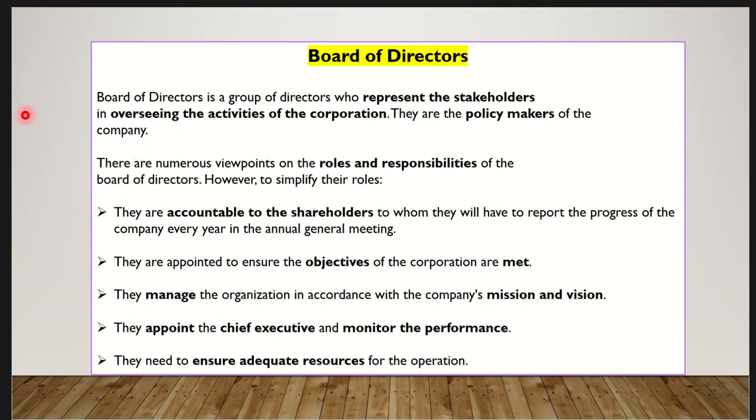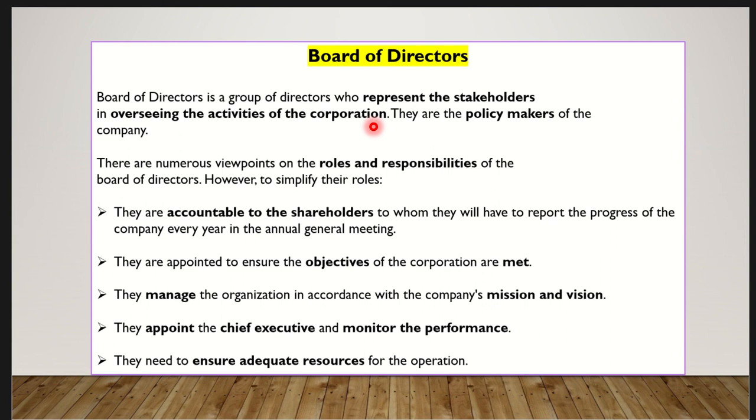This is what is meant by board of directors: a group of directors who represent the stakeholders in overseeing the activities of the corporation. These stakeholders or shareholders elect or appoint their board of directors in order to execute the business of the organization, meaning that they should be the experts in operating the business.